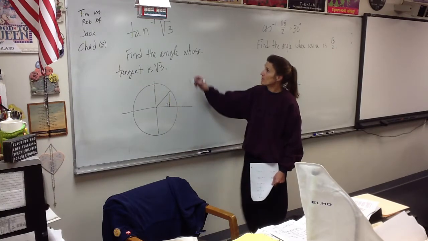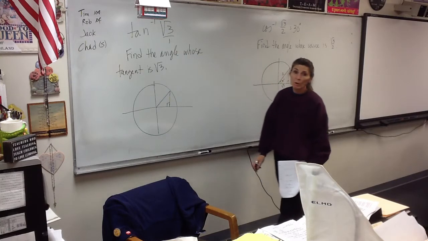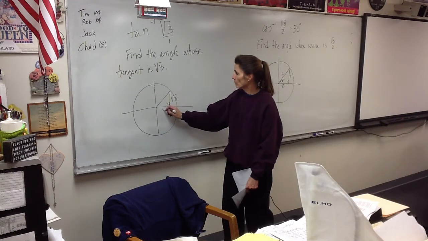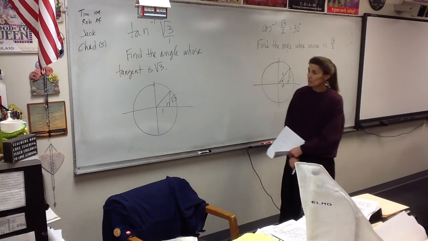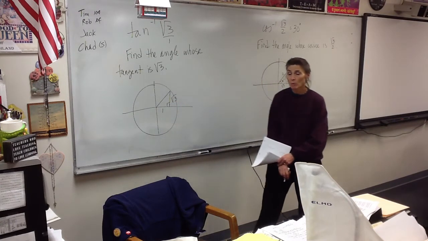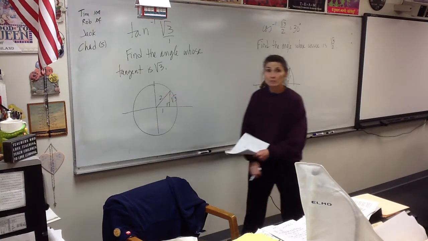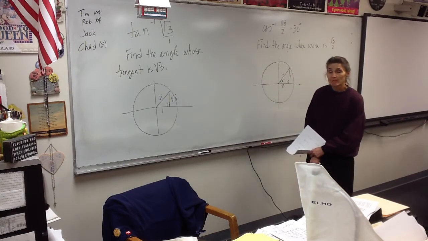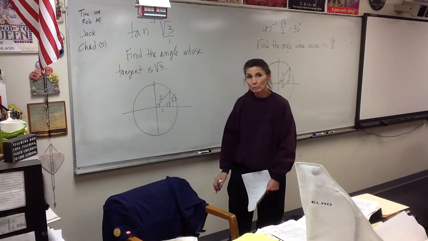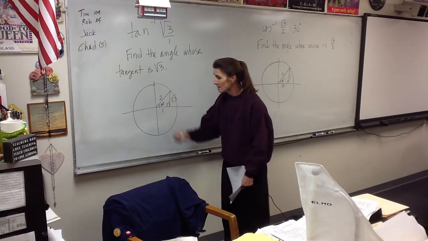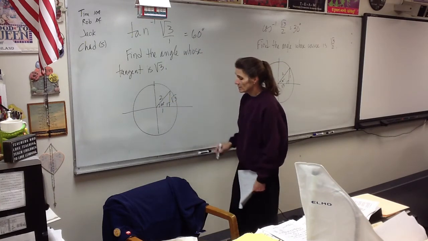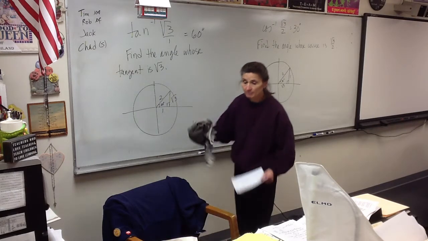Now, it might help you to think of that as a fraction, root 3 over 1, because you know tangent is opposite over adjacent. So if you think of that as root 3 over 1, you can see the opposite side is root 3 and the adjacent side is 1. And that would make the hypotenuse 2. This is the angle you're looking for. It's across from the root 3, so it is a 60. 60 is across from the root 3, so the answer to the question is 60 degrees.